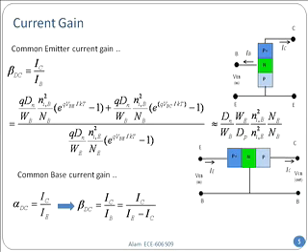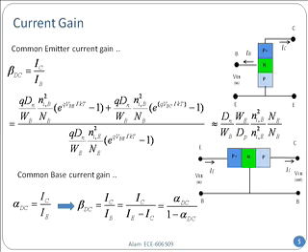Because I know beta DC is IC over IB, IB is IE minus IC, right? That's the difference. And so if I just take a ratio, divide throughout by IE, then IC over IE on the numerator will give me alpha, and correspondingly there will be an alpha on the denominator. And you can see how beta will be very large, right?